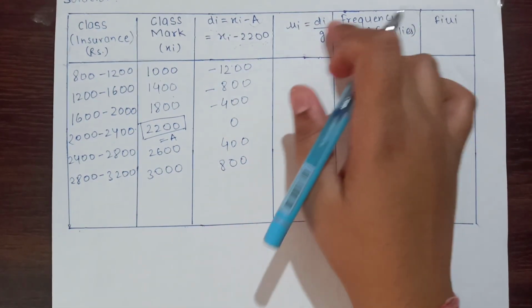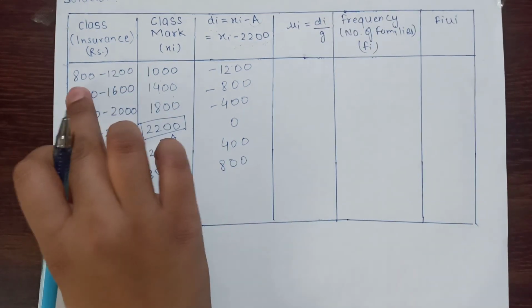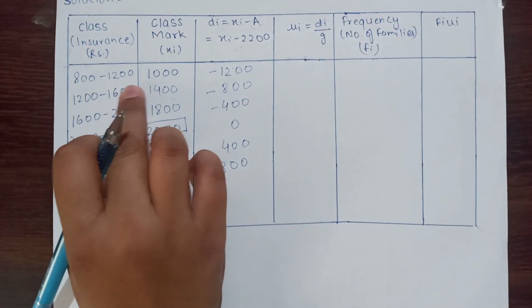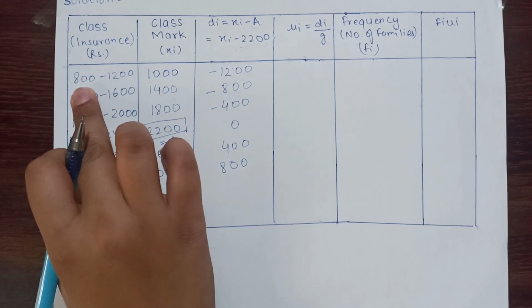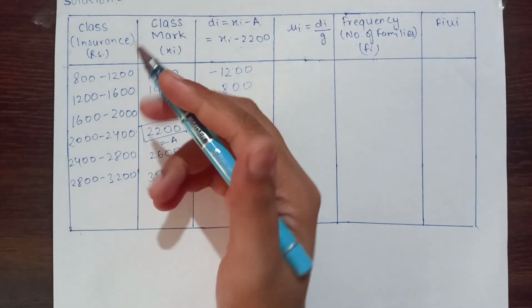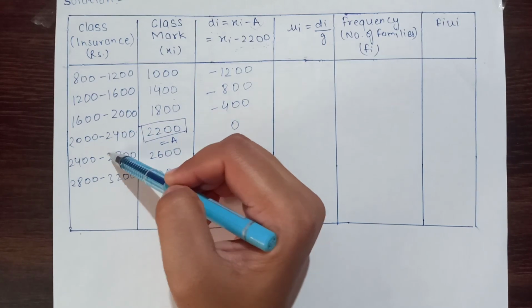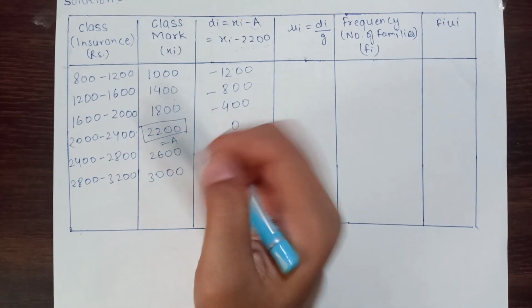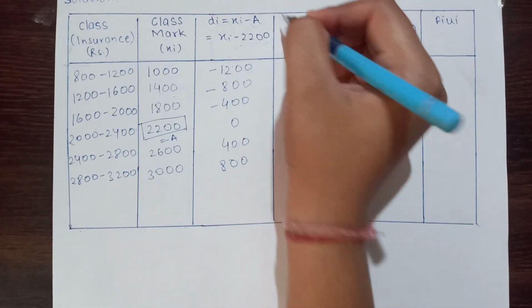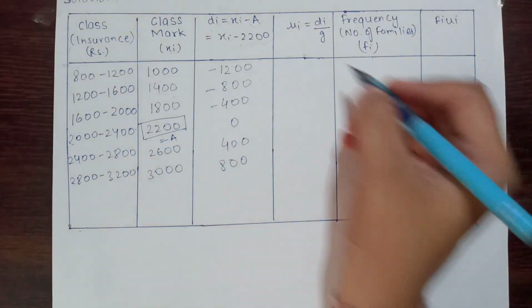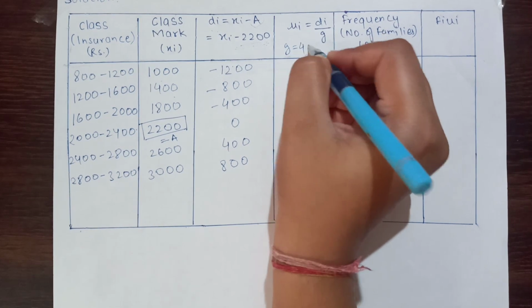So what is g? g is the difference between these two numbers. So 1200 minus 800, that is 400. So the difference between the class limits, whatever the value is, that will be your g. So here the difference is 400. So we are going to take g equal to 400.